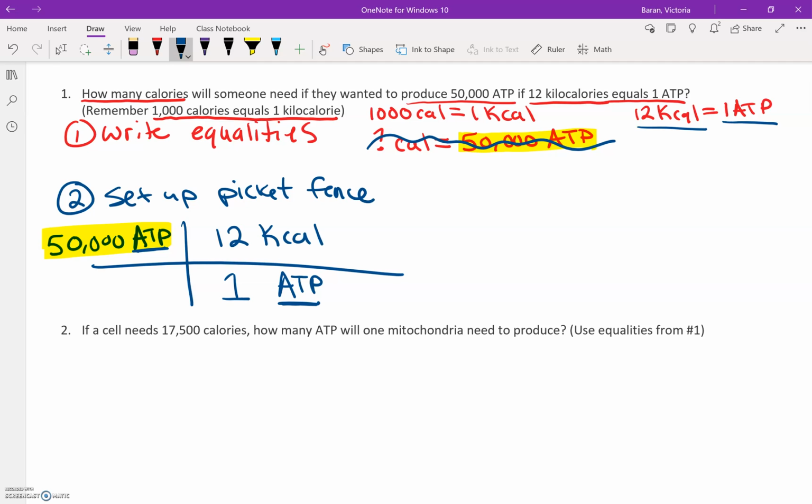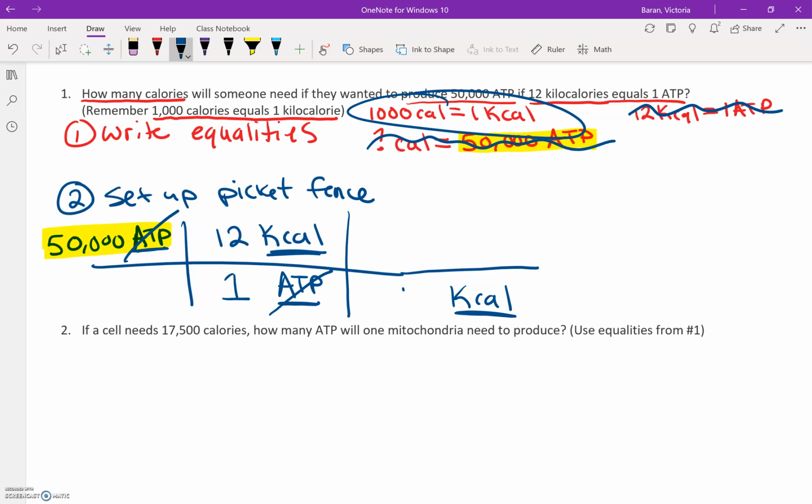And the reason for putting the ATP here in the bottom is in the end, I want my units to cancel in the top and the bottom, right? If you have the same unit divided by the same unit, they would cancel each other out. So now I use that equality, and I'm not done yet. I need to get my final answer into calories. So if kcal is here, I know kcal also has to go on the bottom here.